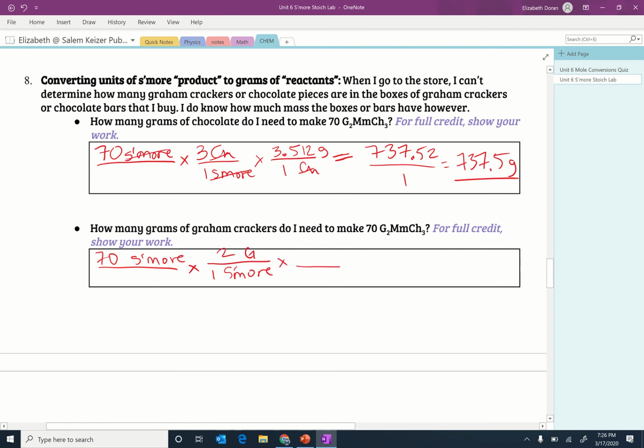And then every 1 graham cracker has a mass on average of 7.506 grams in every 1 graham cracker. So now we can write our equal sign, multiply across the top, and then divide by 1, and we round to 4 sig figs, we get 1,051 grams.